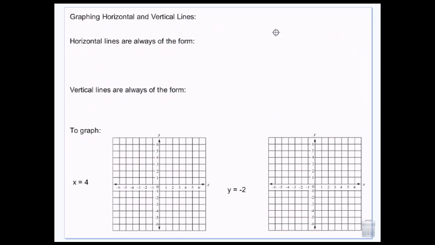Okay, there's a horizontal line and vertical line. Now, horizontal lines, those are the lines that are flat like this, right? Like the horizon. And vertical lines go straight up and down. Horizontal lines have a slope of 0. Flat lines are 0.